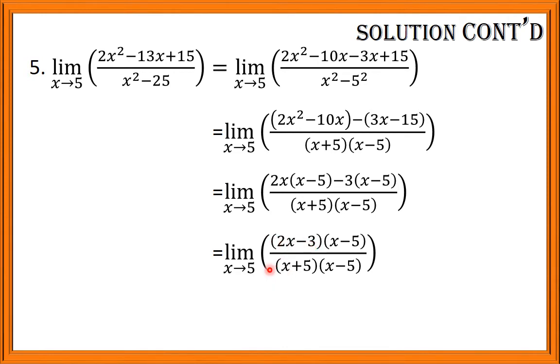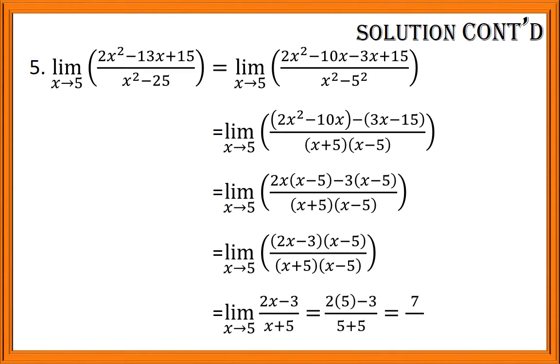So that gives us the limit of 2x minus 3 times x minus 5 all over x plus 5, x minus 5 as x approaches positive 5. This would then be equal to, we see that x minus 5 is here, so this will cancel that, leaving 2x minus 3 all over x plus 5.